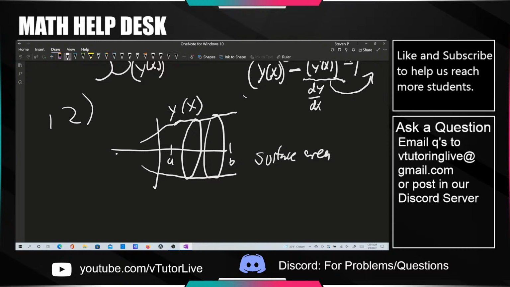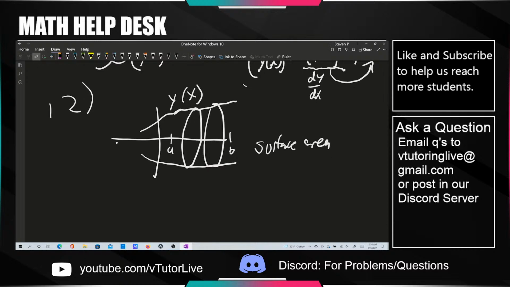But the idea here is that you have some arc length formula that ought to look like, what does it need to look like? Where is it? Well, maybe you should just find that for yourself. I don't exactly have a textbook on hand.